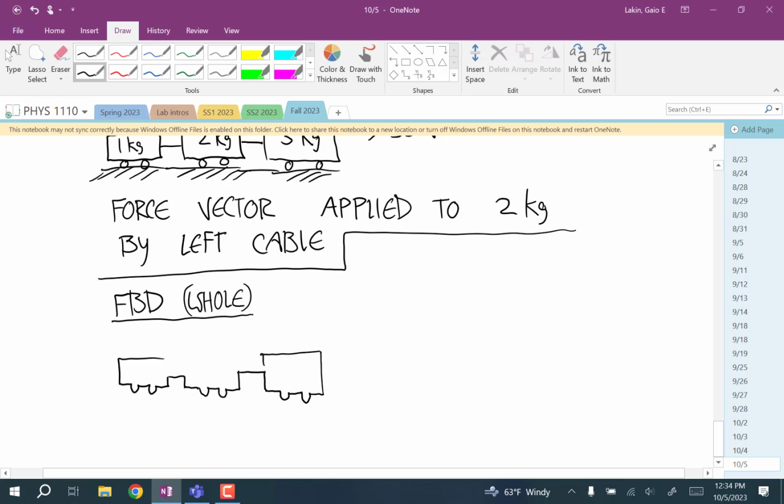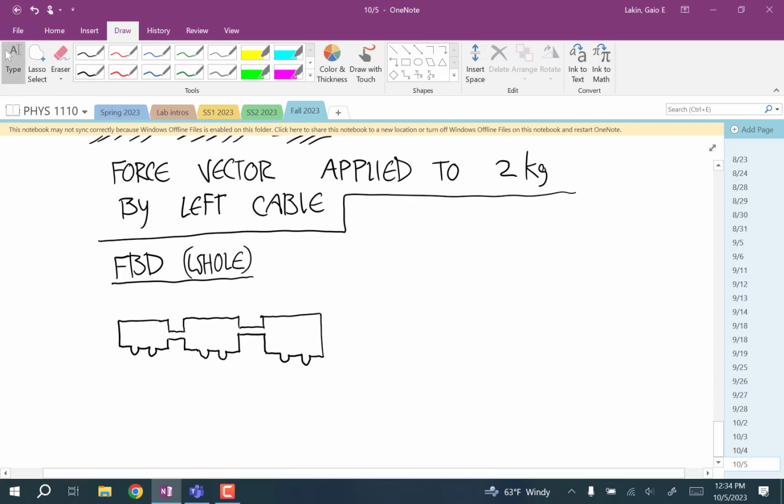I'm just trying to make it clear what I'm looking at. So there's the system. It has a total of 6 kilograms of mass.